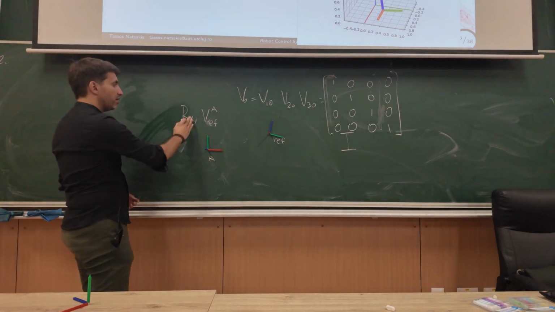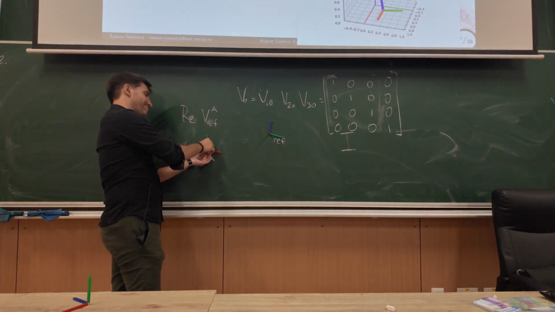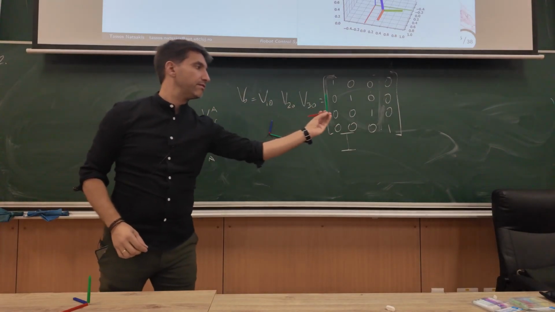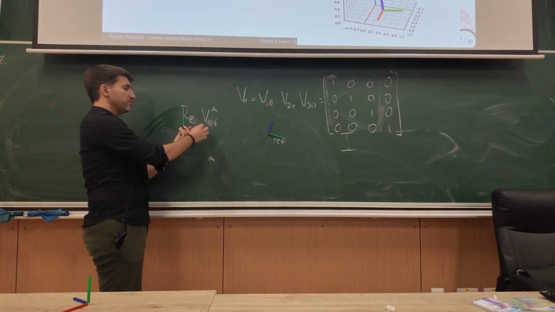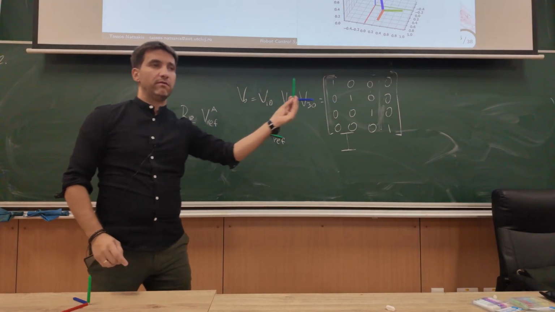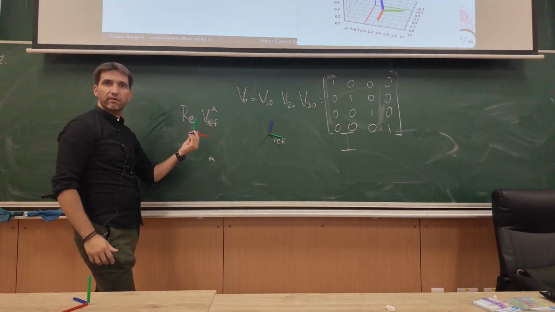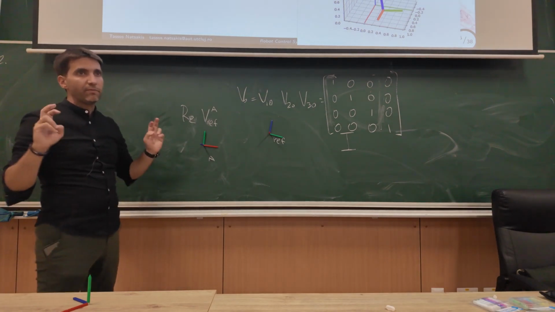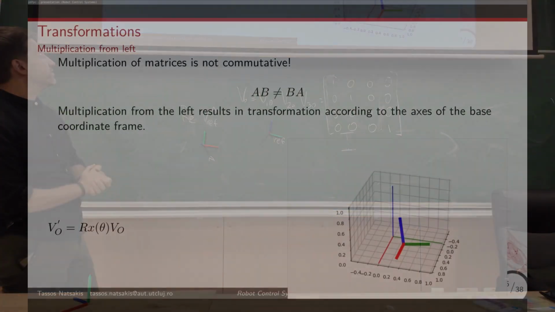If I do a rotation around Z, I will do something like this. See, the orientation also changes, because it's as if this axis is connected here and it will rotate around the axis, like a door opening. Good. This is what we call absolute transformation, or multiplication from the left.